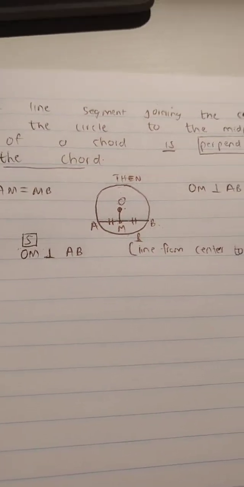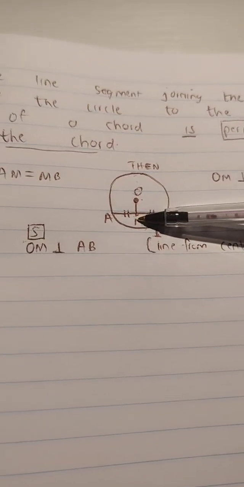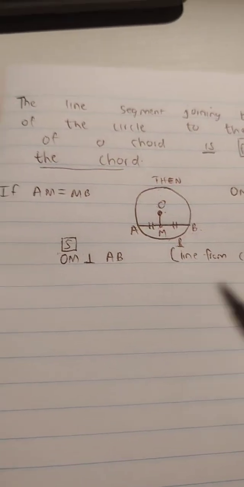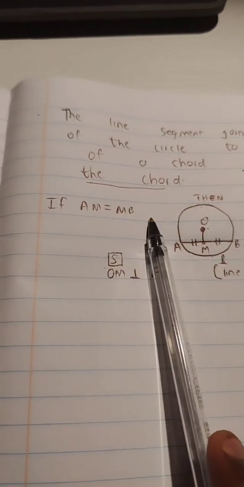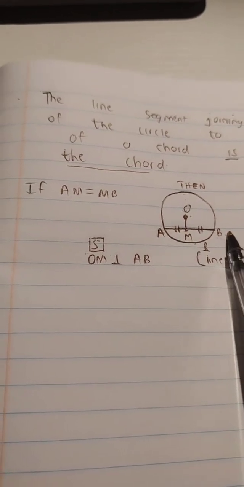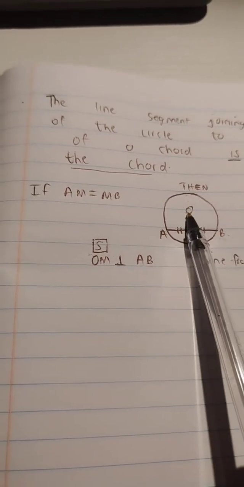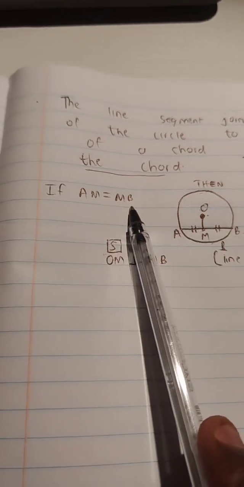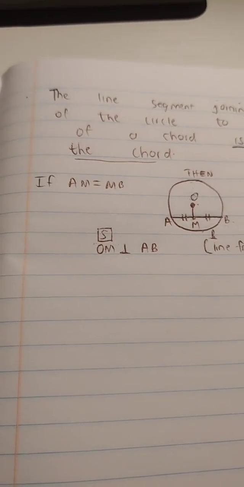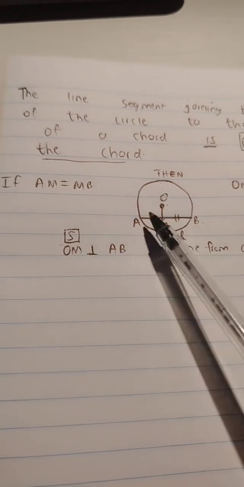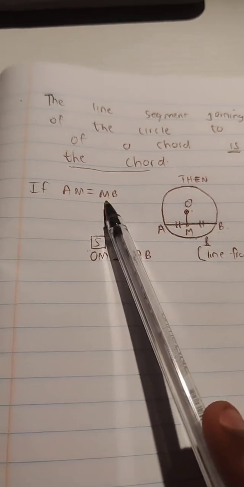You can see the if part of what I'm saying. What does the line from the center to the midpoint of the chord mean? It means AM is equal to MB. All of that language in English that I'm saying simply means AM is equal to MB.